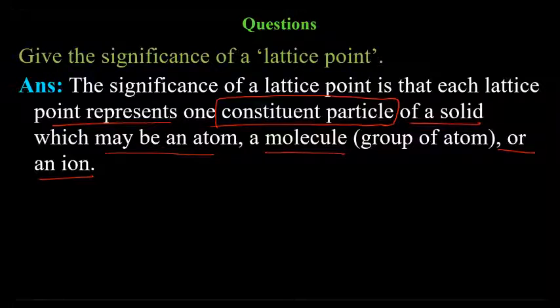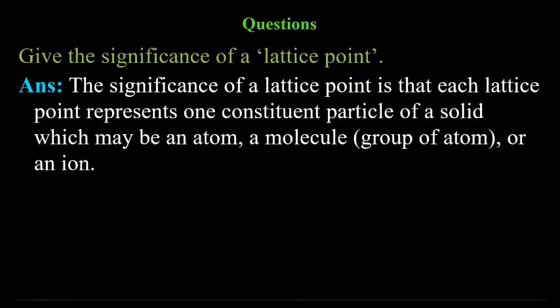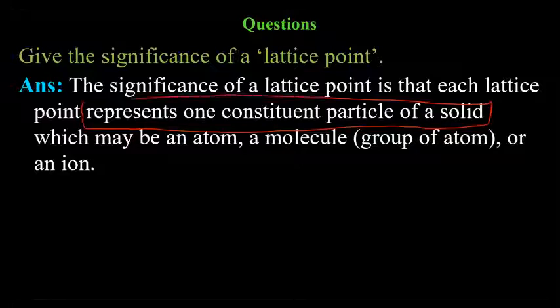The significance of a lattice point is that each lattice point represents one constant particle of a solid. This statement you just need to remember; the rest you can write. A lattice point represents one constant particle of a solid, which may be an ion, molecule, or atom.